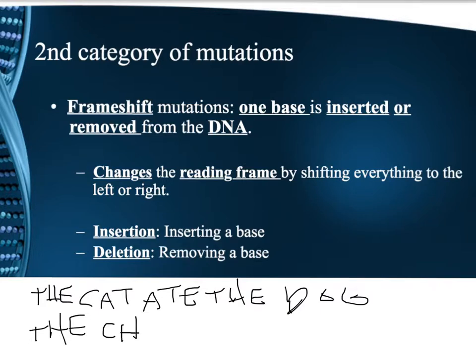Then we have to pick up where we left off. Where this H got inserted, this A would come next. Then your next three letters, if you follow it along, are T-A-T, and then E-T-H, and E-D-O, and then a G.